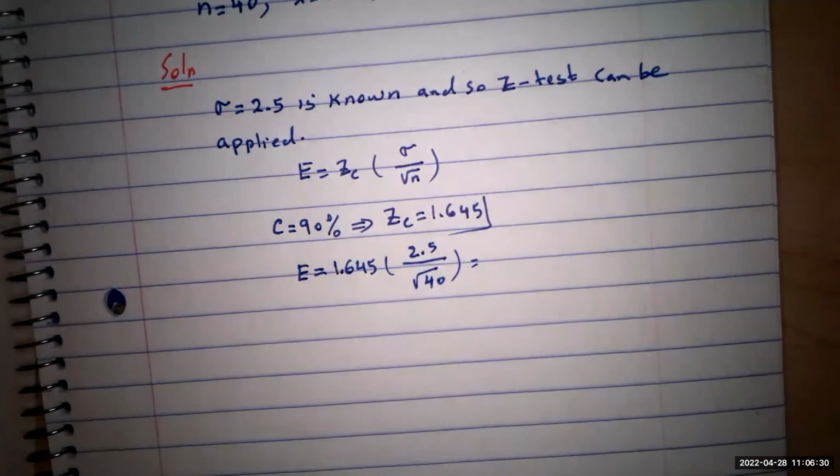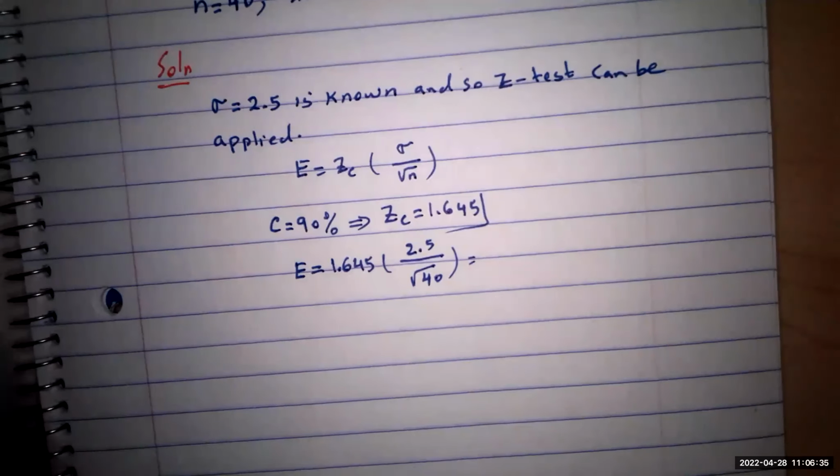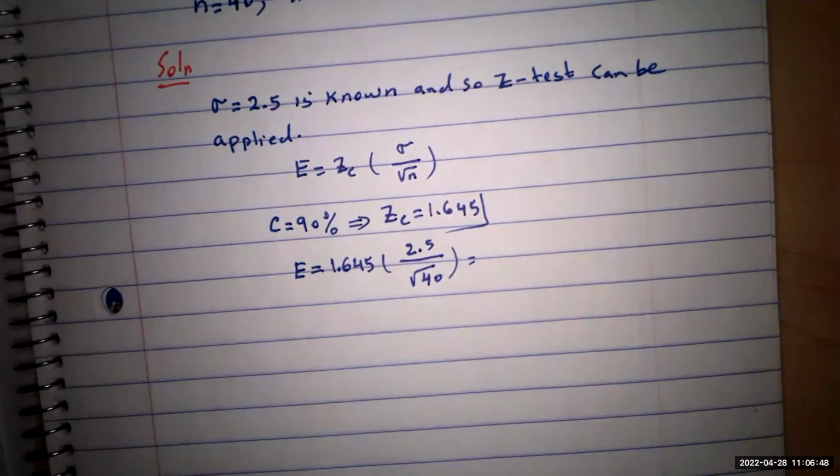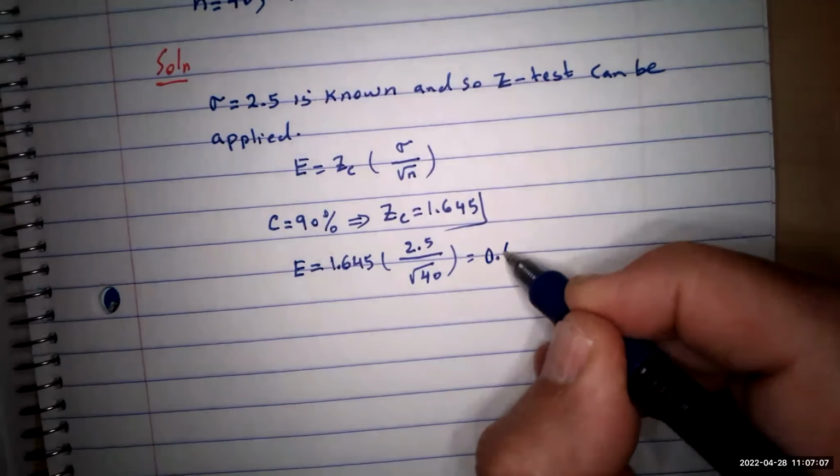Use your calculator to get this one. What I have is 1.645 times 2.5, then we are going to divide it by the square root of 40, and the final answer is 0.65.